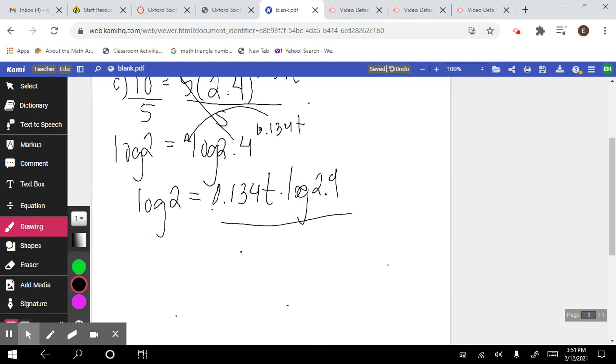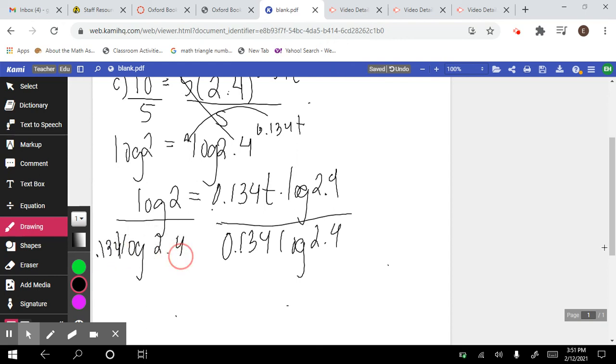Okay, leave the t and move everything else. 0.134 log 2.4 needs to be divided out to the other side. So that's gone, that's gone, that's gone, that's gone. And we're just left with t, and put parentheses around that guy.